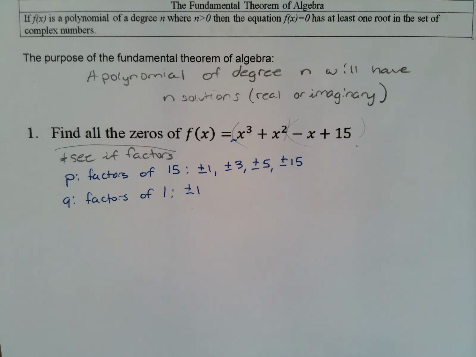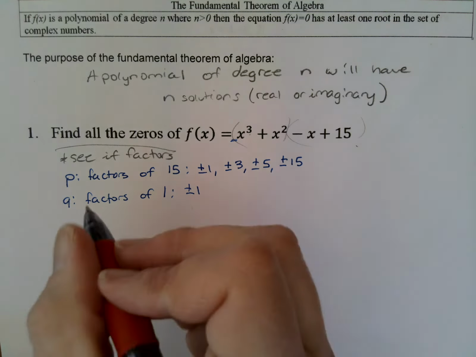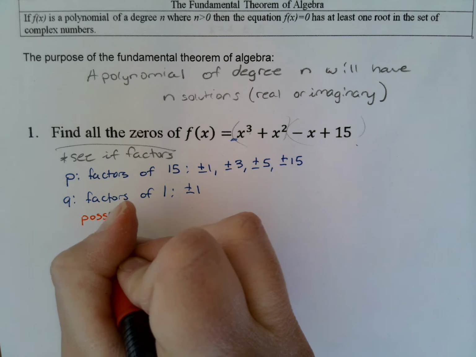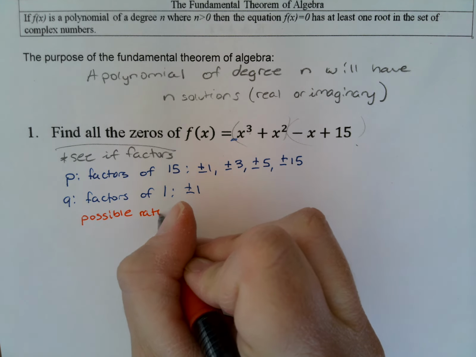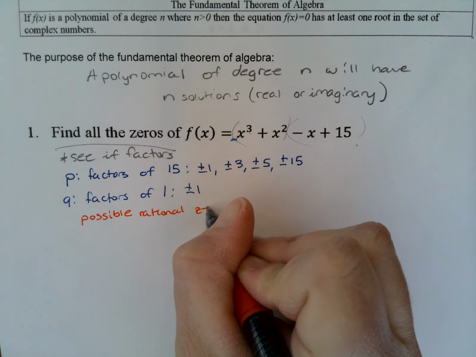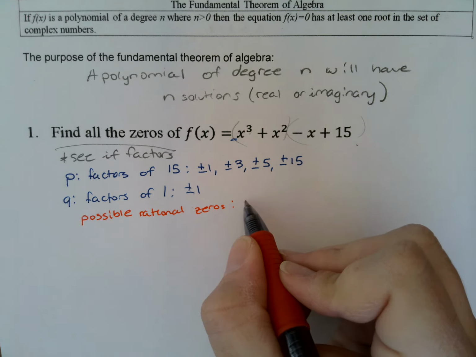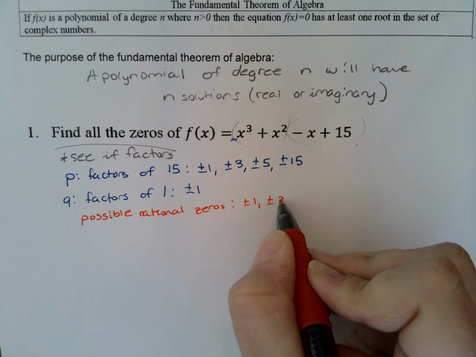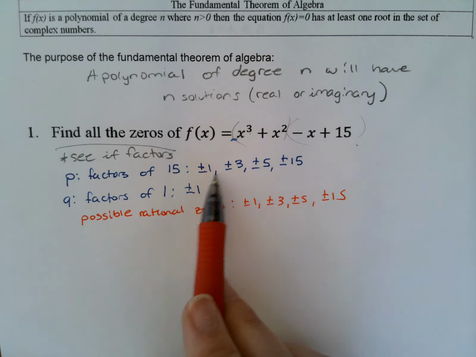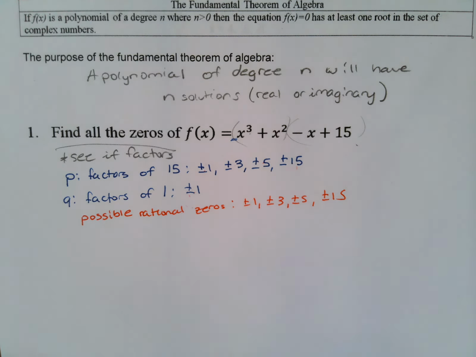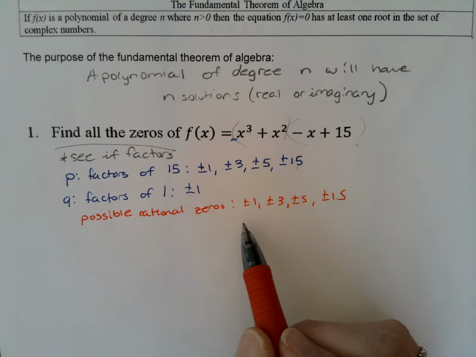So therefore, my actual list of possible rational zeros is plus minus 1, plus minus 3, plus minus 5, and plus minus 15. If I put any of these over 1, I just get them back. So these are a list of my possible ones.